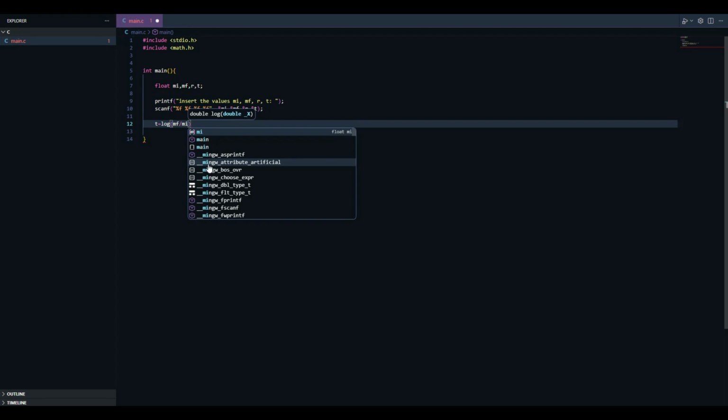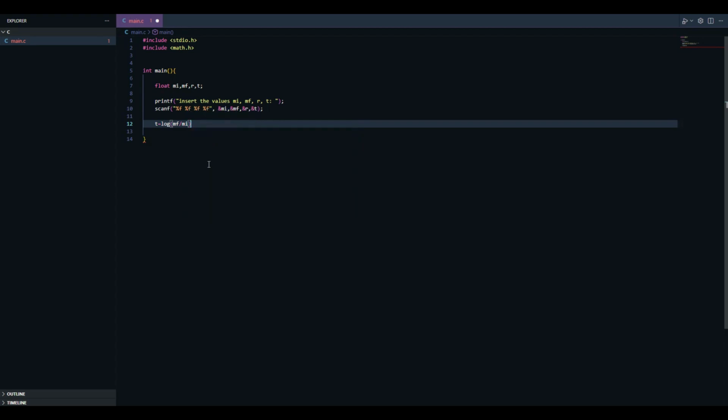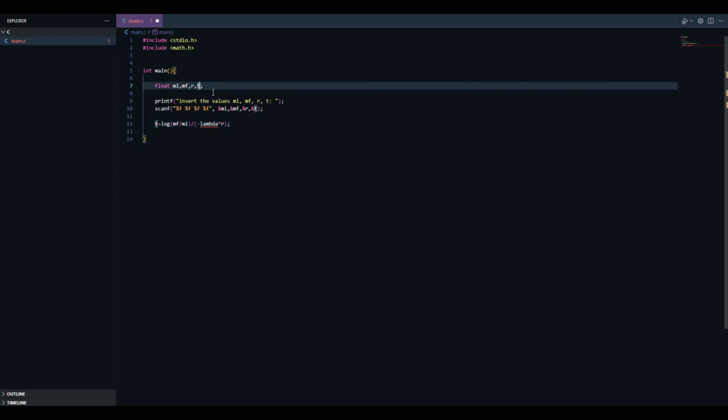And I will divide that with the minus of the lambda. I didn't call it because we said it would be 1, but let's pass this value here, okay?